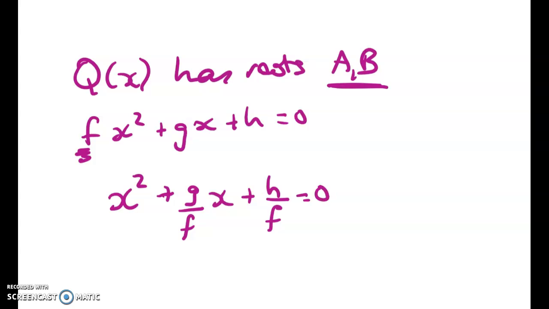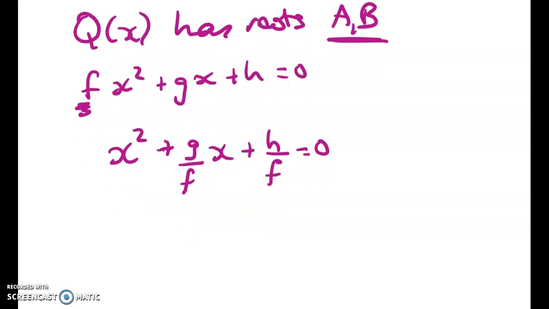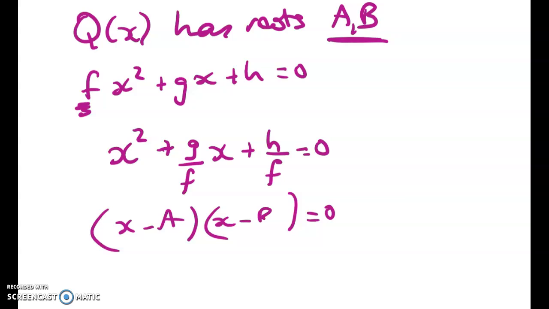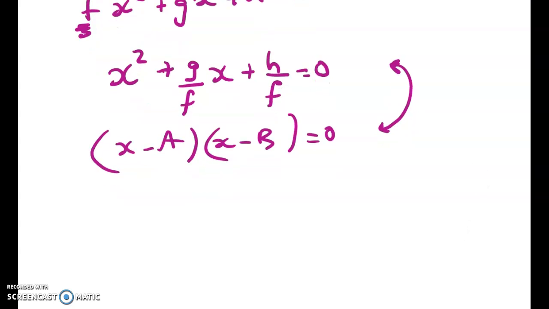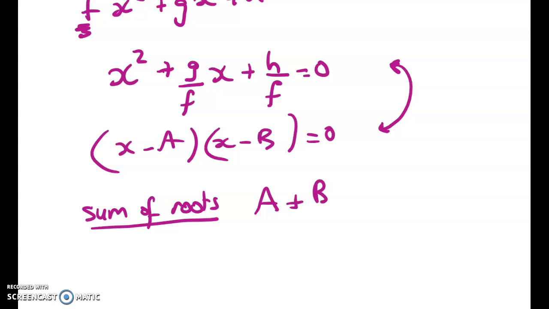And we know that the roots are a and b. That means that I could write this like this. And we know that these two things have to be the same. That means that the sum of the roots is a plus b, and that has to be the negative of this coefficient.